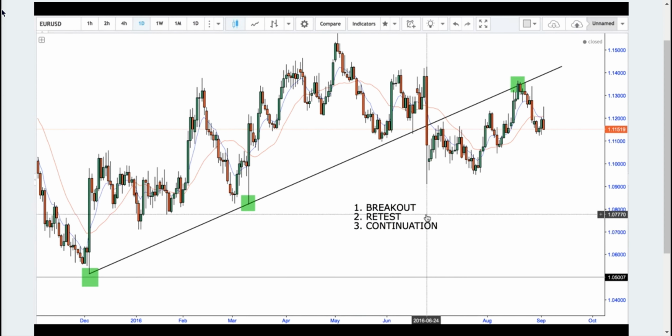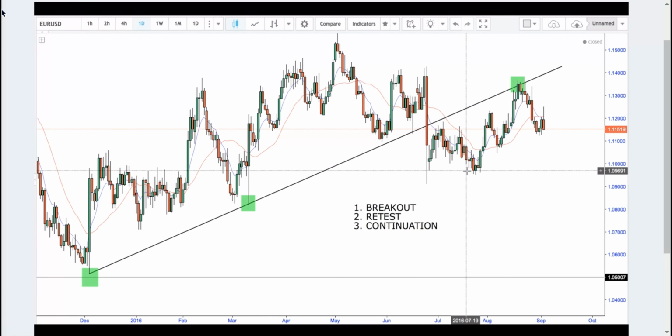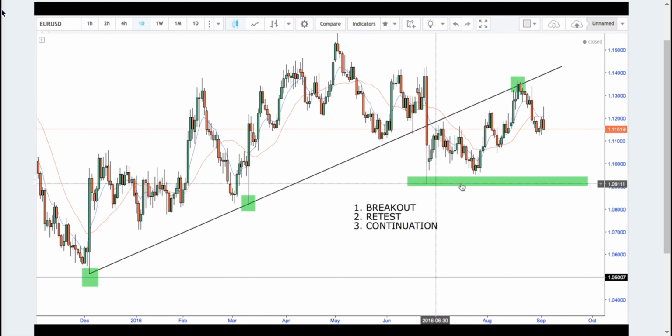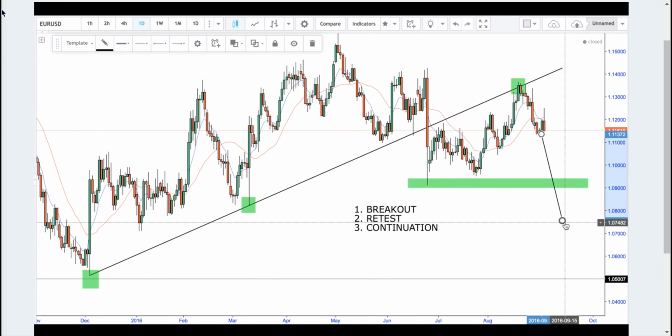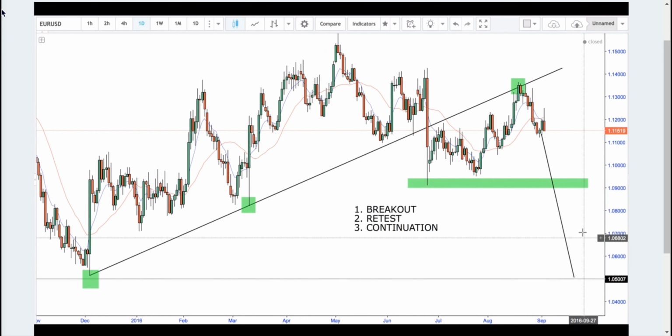This will happen on 90% of the breakouts that will occur. Okay, so the market will pull straight through it, retest it, and then continue. The continuation only occurs when the initial lows of the breakout have been taken out. That is what you call the continuation. And this is what a conservative trader would wait for.